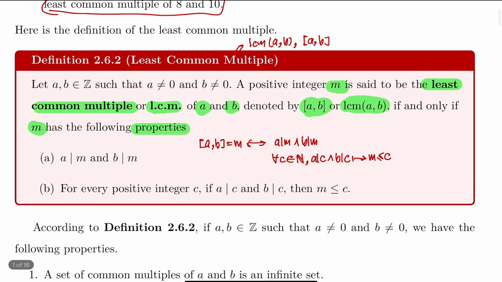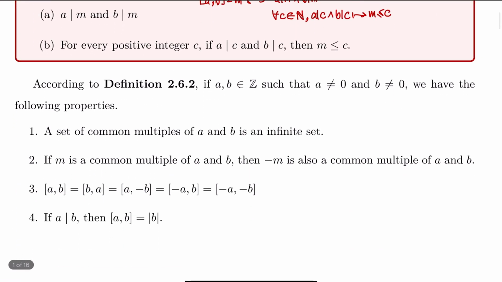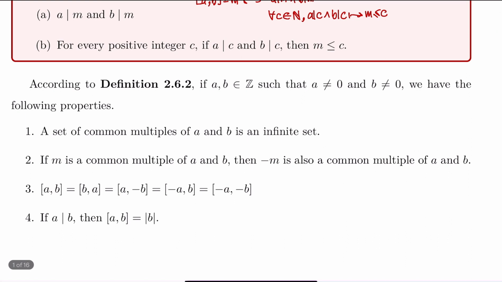From the definition of least common multiple, we have the following properties. If A and B are integers such that A is not 0 and B is not 0, then number one, the set of common multiples of A and B is an infinite set.